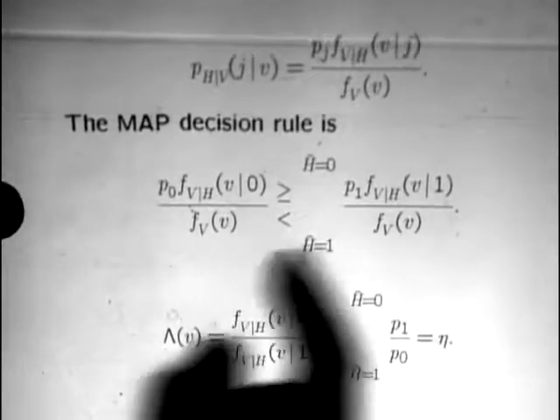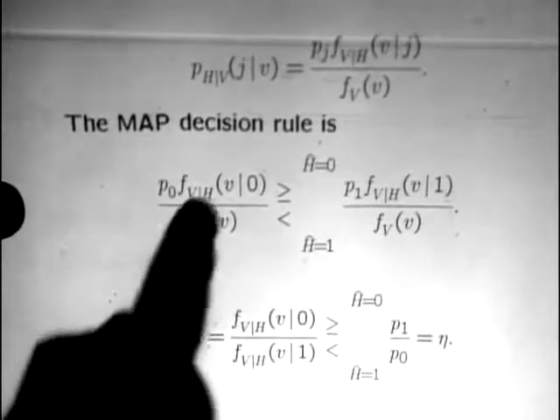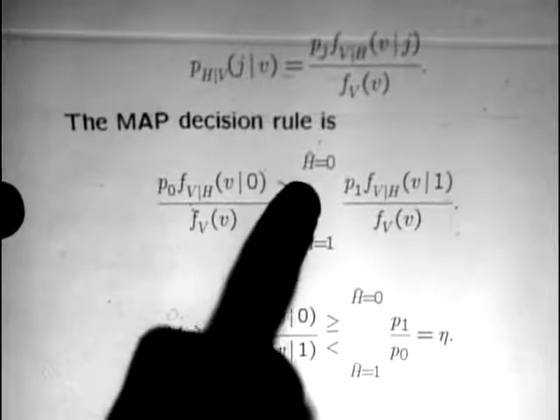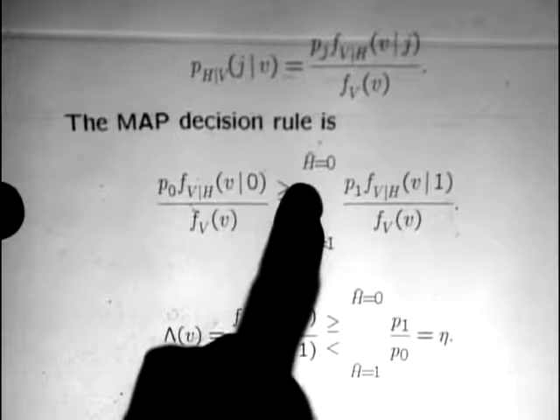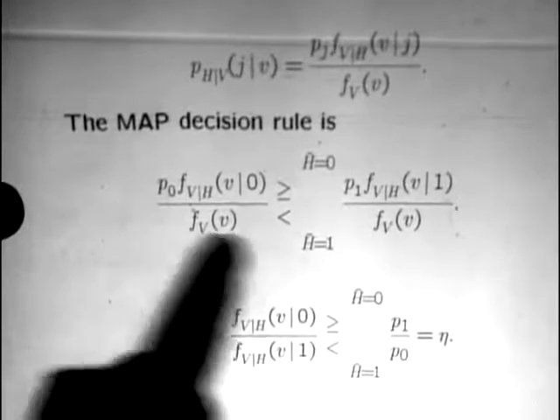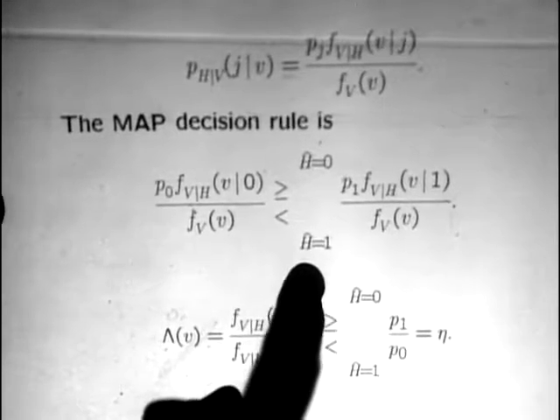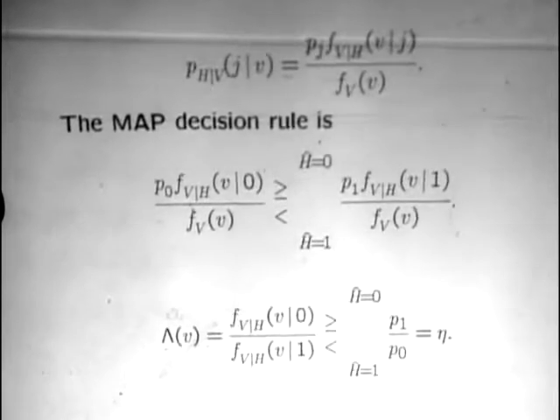We're just going to compare those two and pick the larger. If this one is larger than this one, we pick our choice equal to 0. And if it's smaller, we pick our choice equal to 1. So this is what MAP detection is.